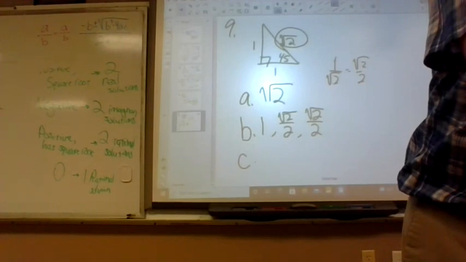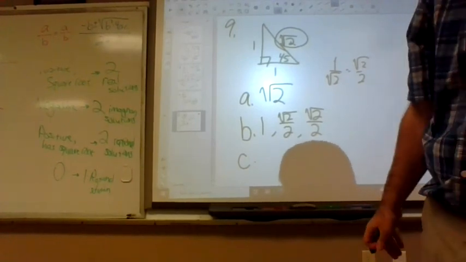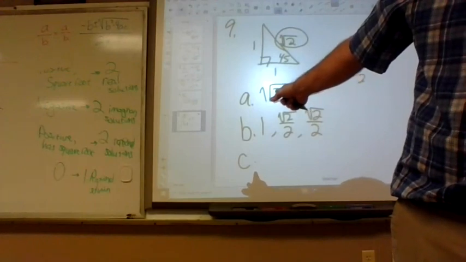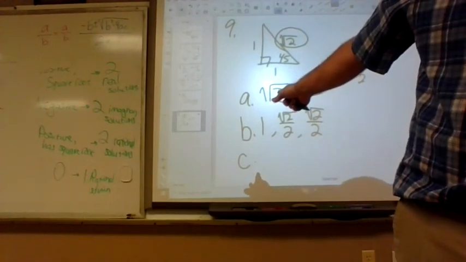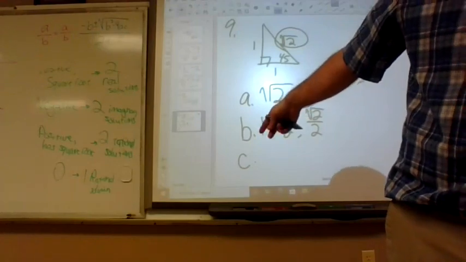So we're supposed to turn B into decimals and compare that with the calculator answers, and just see that they're the same.